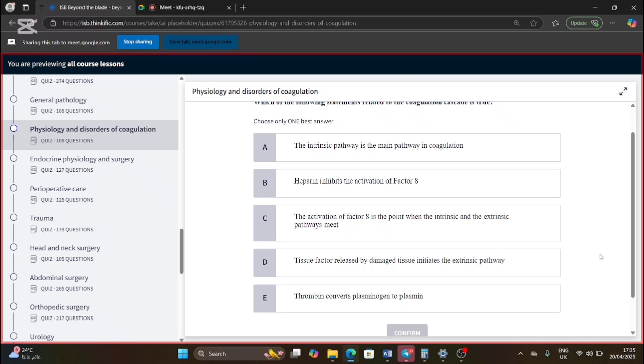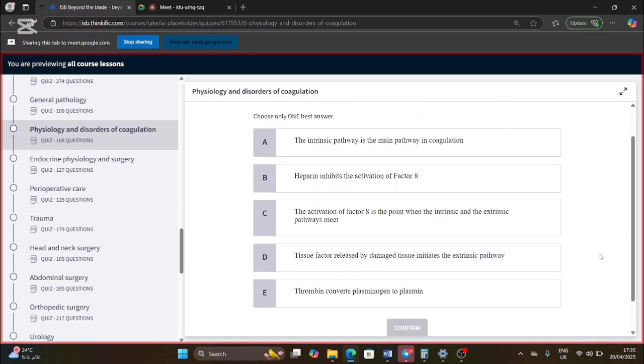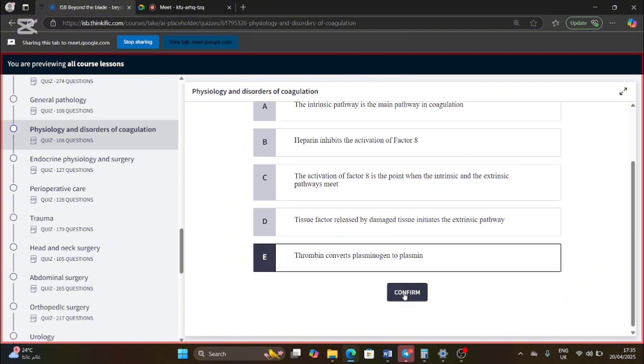Tissue factor released by damaged tissue initiates the extrinsic pathway. Thrombin converts plasminogen to plasmin. I think option E. Okay, let's see the answer.